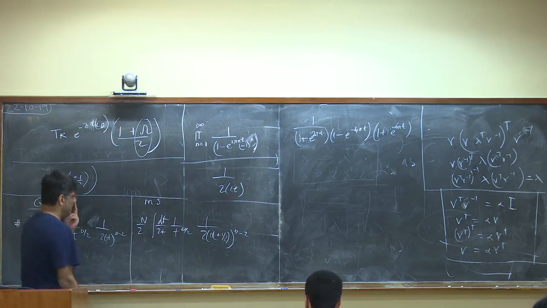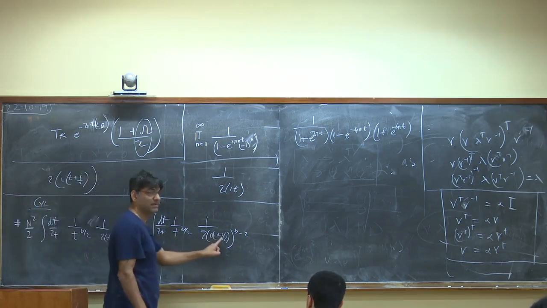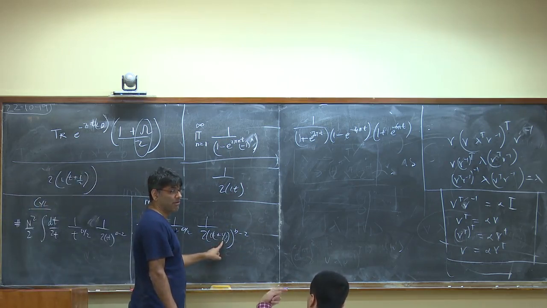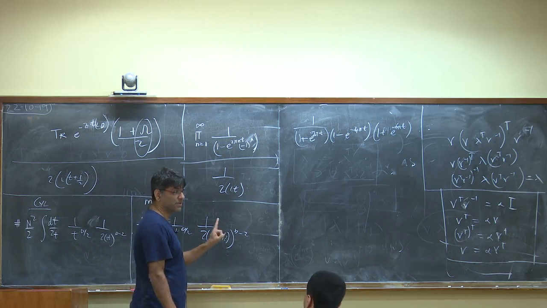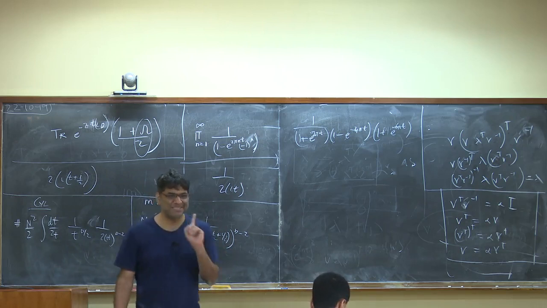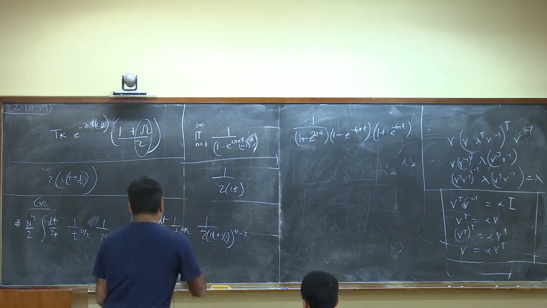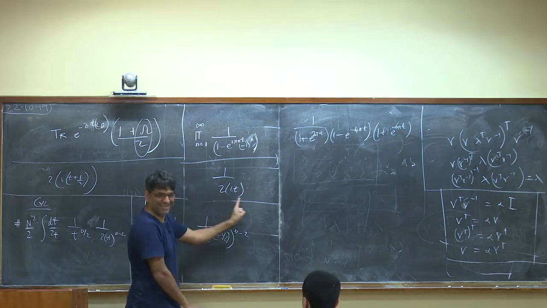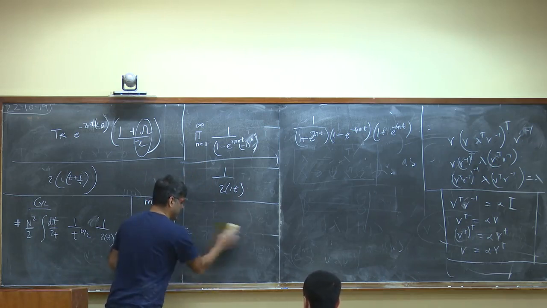One should be a bit careful though: we don't want to do the shift in the zero point. Eta includes the zero point, so let me just keep the zero point times this.